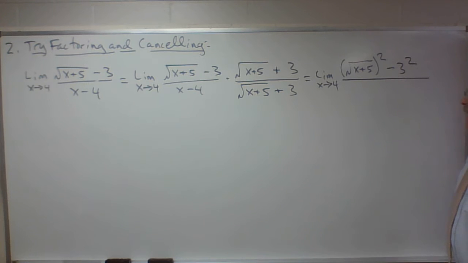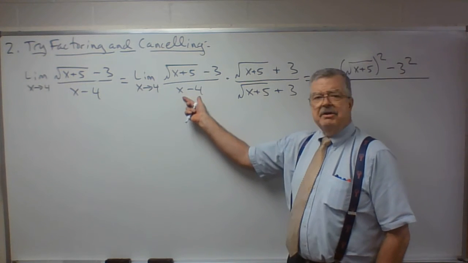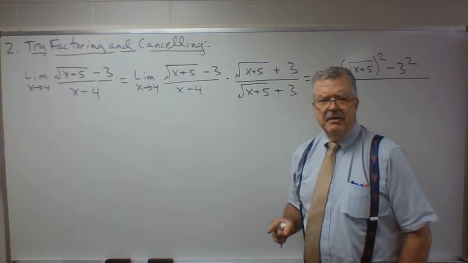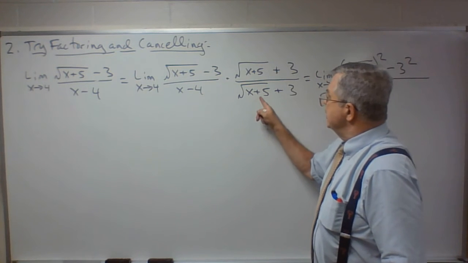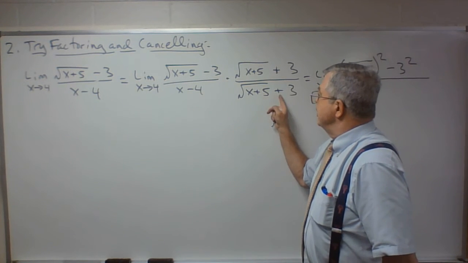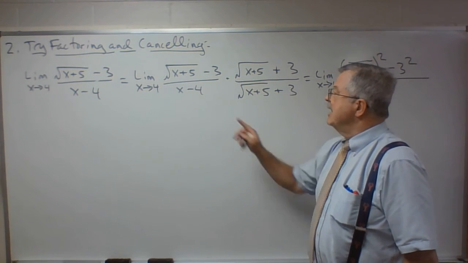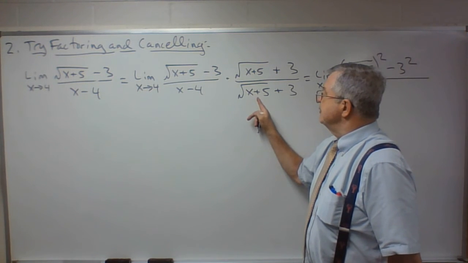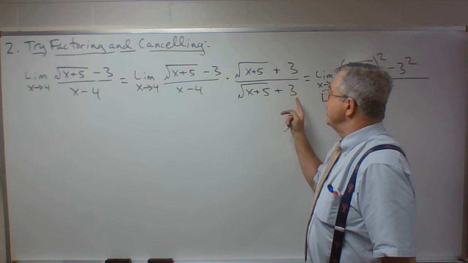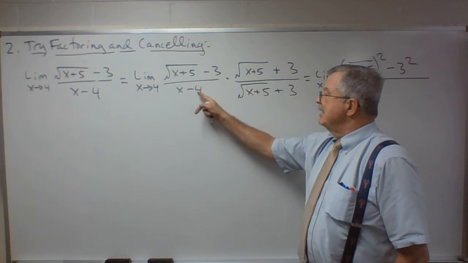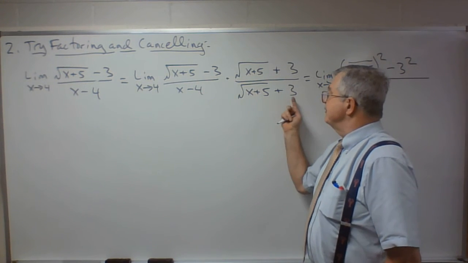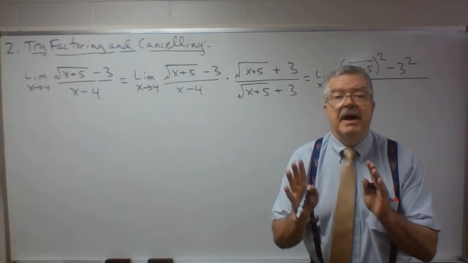And now in the bottom, I could multiply all of this out. I could go x times this plus x times that, and then I could go negative 4 times this and negative 4 times that. But I'm not going to do that.